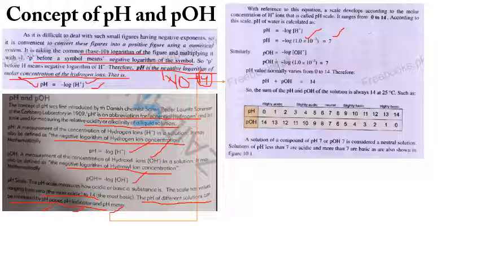This is the numerical base, so I can solve here. Minus log 1 plus, because this is a minus log, okay, minus log 10 power minus 7.